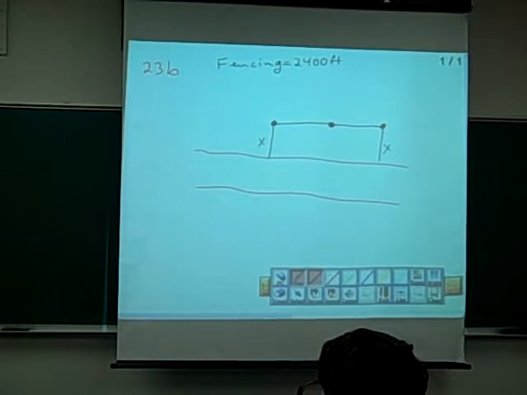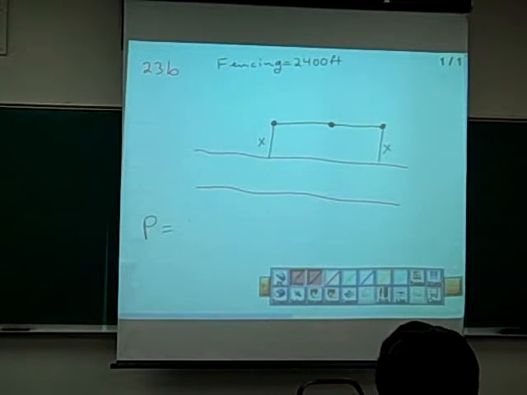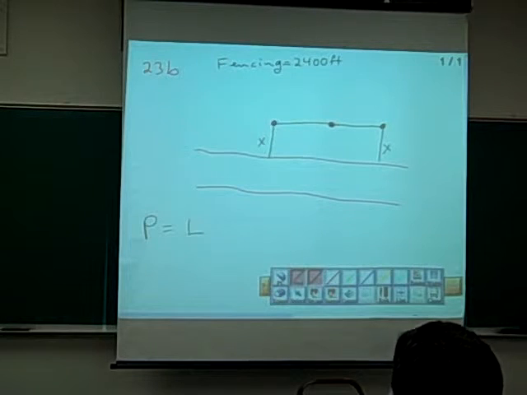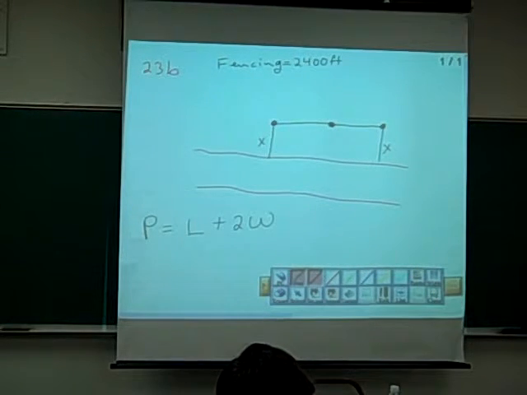So we can say that our equation for perimeter, instead of being 2 times the length plus 2 times the width, is just going to be 1 length plus 2 times the width. Okay?